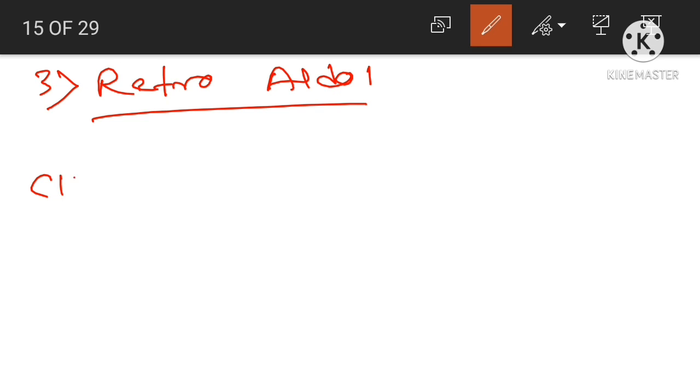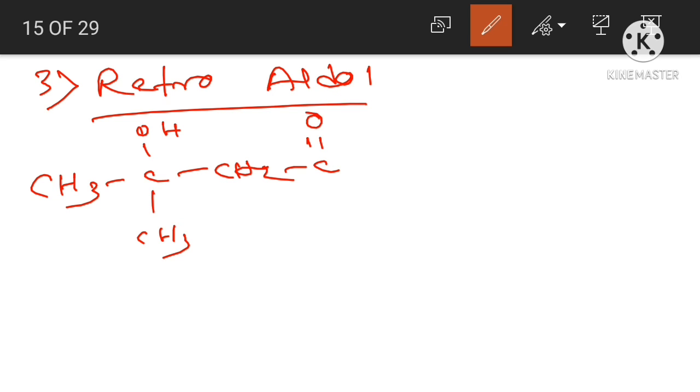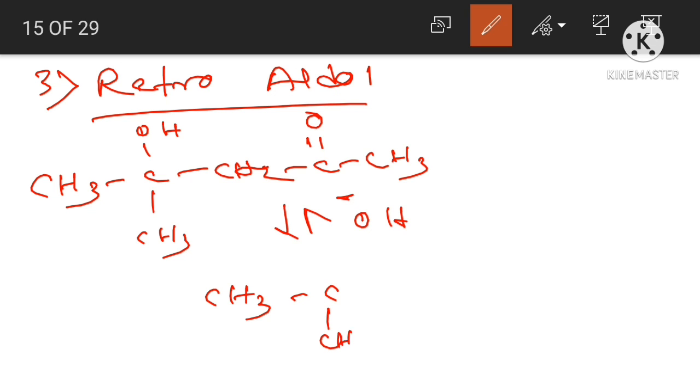Suppose this is the aldol product, CH3-C(OH)(CH3)-CH2-CO-CH3. Okay, now if we give base and heat it, then what happens? CH3-C(CH3)-O minus, CH2-CO-CH3.